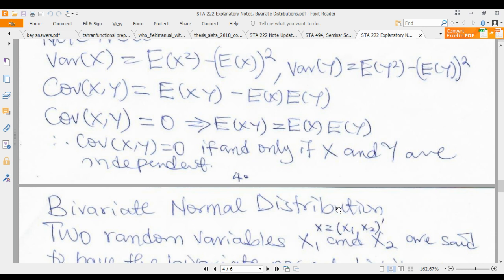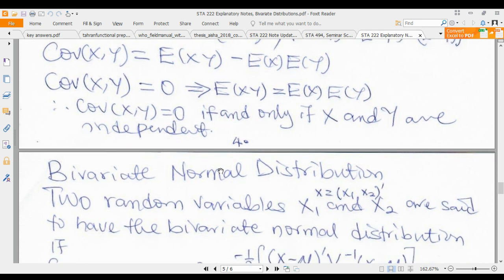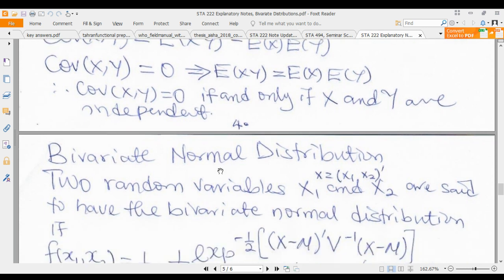So if that is the case, the covariance of xy is 0 if and only if x and y are independent. So this is another way of establishing independence. If you are able to compute the covariance and it is equal to 0, that implies that x and y are independent. So that takes care of that.